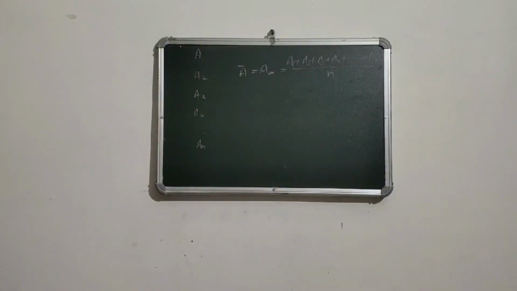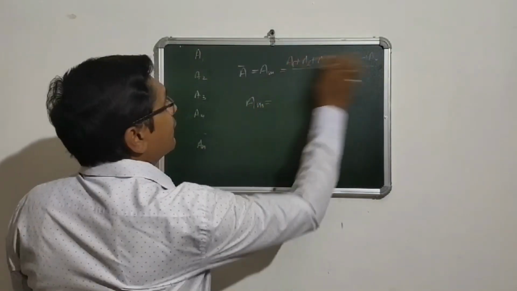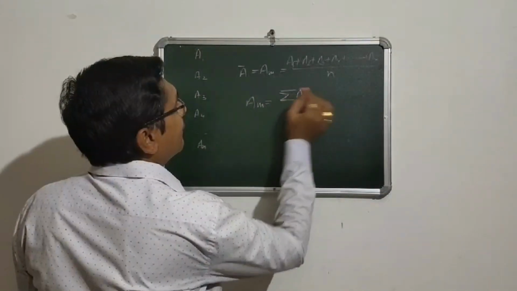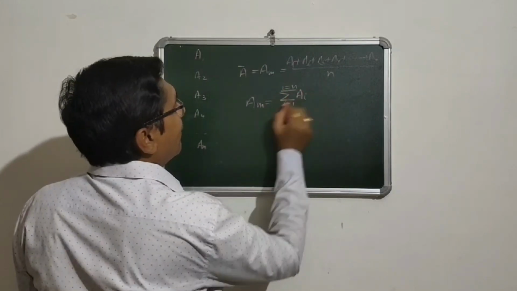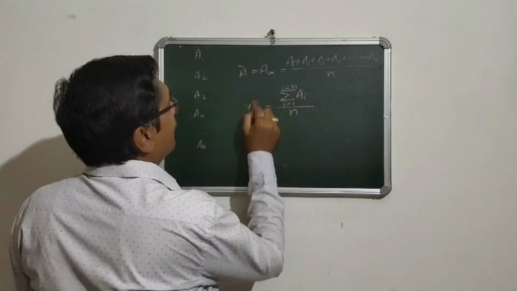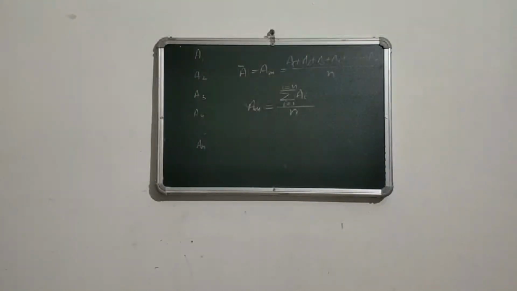This is the mean value of different observations. This can be written as A mean is equal to the summation of Ai, i from 1 to n, upon n. Clear? It is called the mean value.